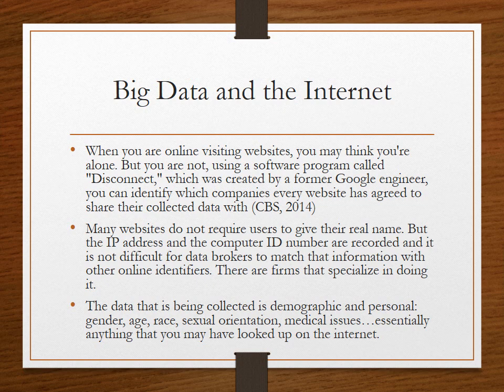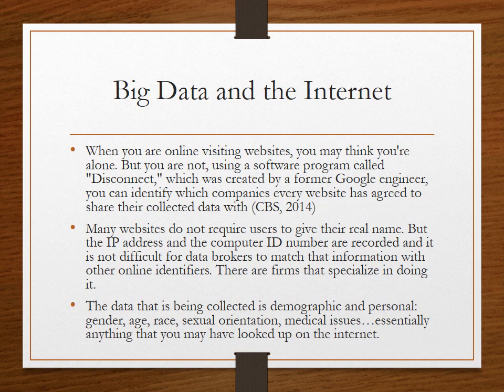The data that is being collected is demographic and personal: gender, age, race, sexual orientation. So for example, if you're going to a website that caters to a certain population like gay men, like Grindr, that kind of thing is going to represent.